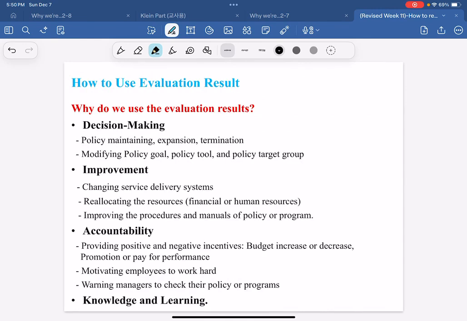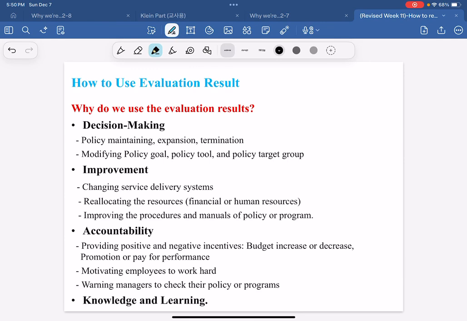Okay, so like this, you can write your evaluation report, and then an effective and good evaluation report can be used by evaluation stakeholders, usually decision makers, policy decision makers, policy implementers, policy officials who are responsible for the policy actions.